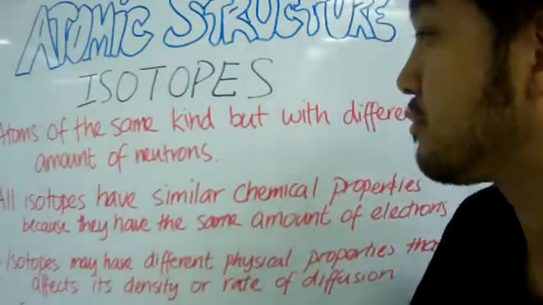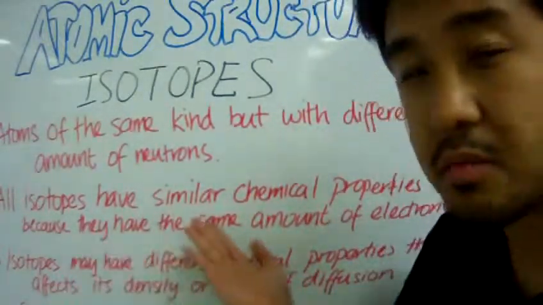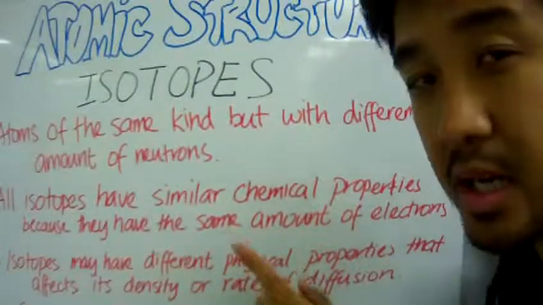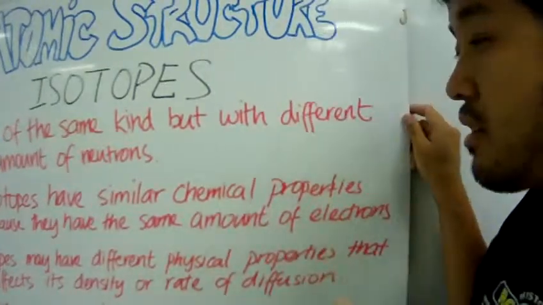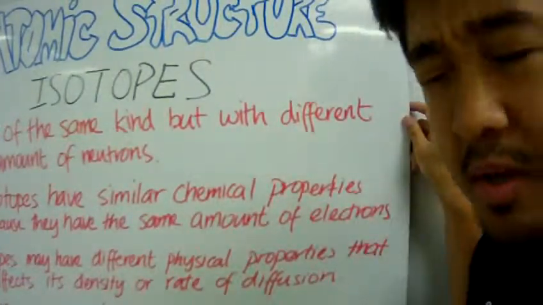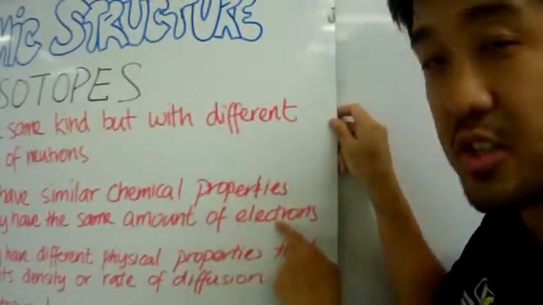Okay? Now, it's quite important to know that isotopes will have very similar chemical properties. And the reason why they have similar chemical properties is because they have the same amount of electrons.